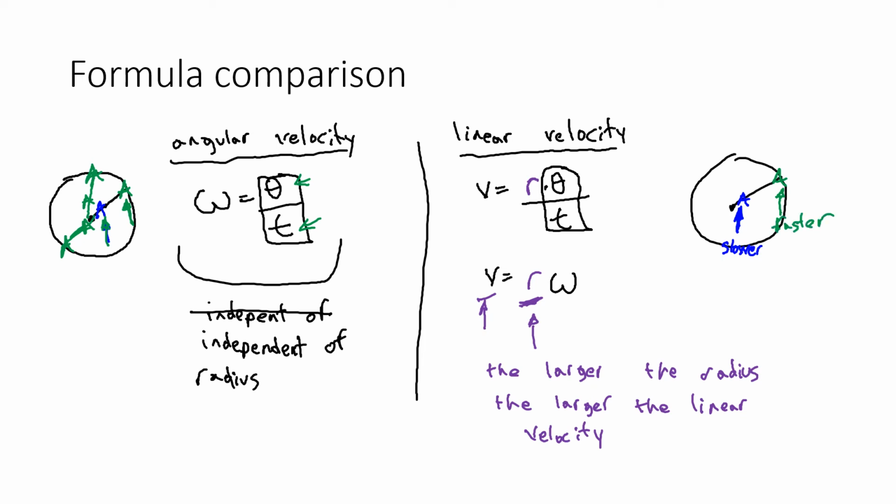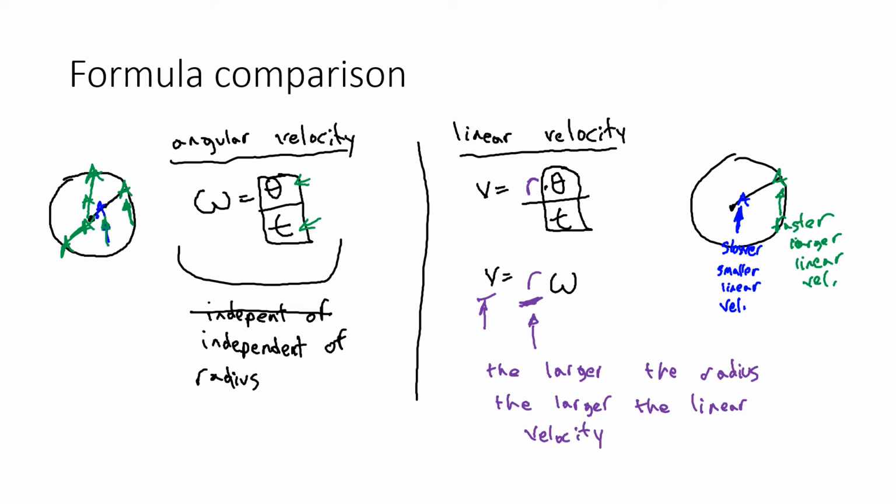In other words, the green A, because it has a larger radius, is going to have a larger linear velocity. And the blue A, because it has a smaller radius, is going to have a smaller linear velocity. So we're going to demonstrate this in class. And so you'll see this and hopefully that helps you to see exactly the difference between linear and angular velocity.